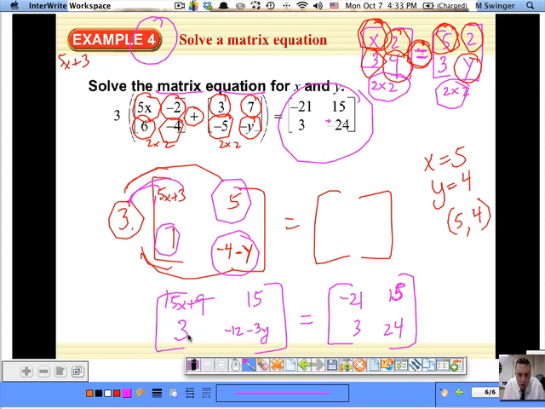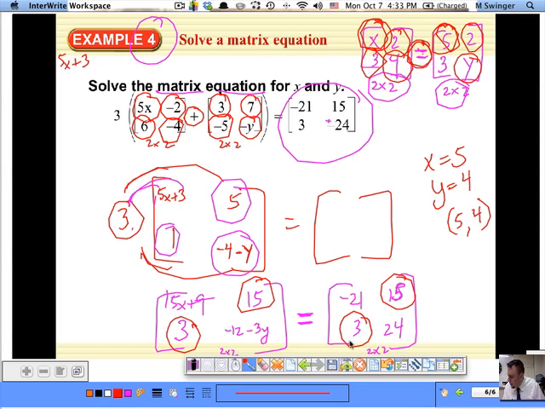And this is also a 2 by 2. They can be equal to each other. If these two were different dimensions, you couldn't say they're equal. So since they're equal, their corresponding elements are equal. Look at this. This has to equal this guy because they're corresponding the same. Oh yeah. This has to equal this guy.